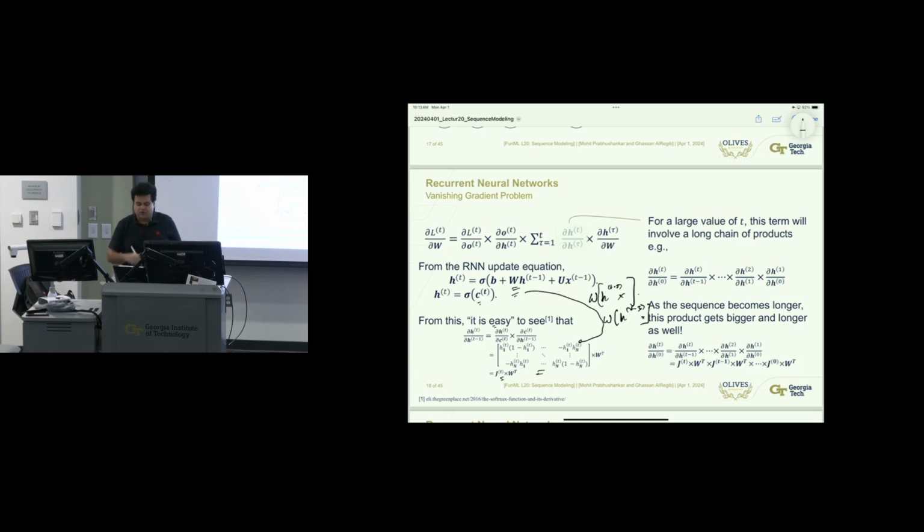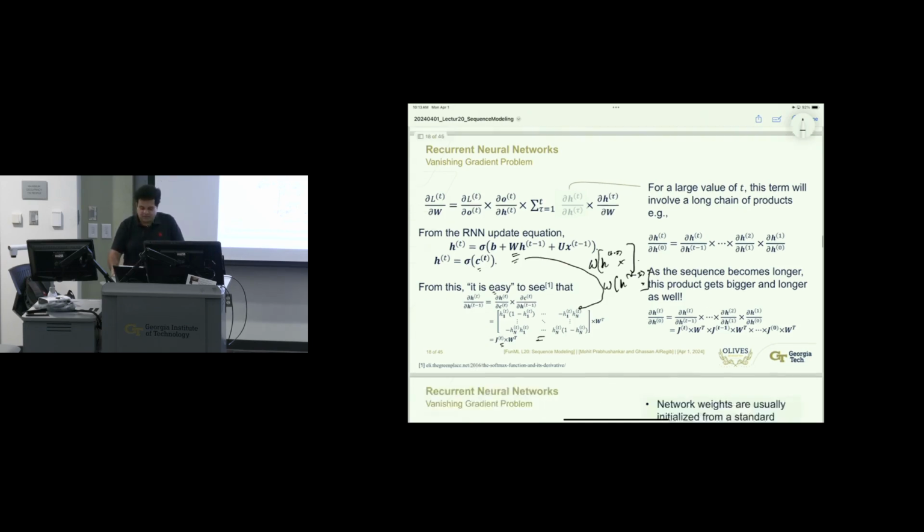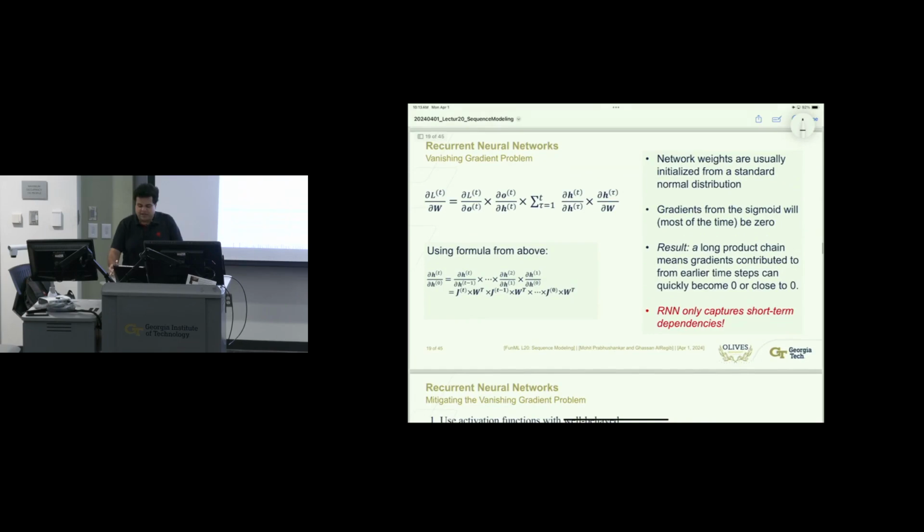If you keep doing this across different sequences, you are going to get a long product chain, which means gradients contributed from earlier time steps can quickly become 0 or close to 0. This implies that 20 or 30 characters from before, the gradients will not update themselves. There's going to be no output that you can get out of it, which means that your RNN only captures short-term dependencies that exist within the data.